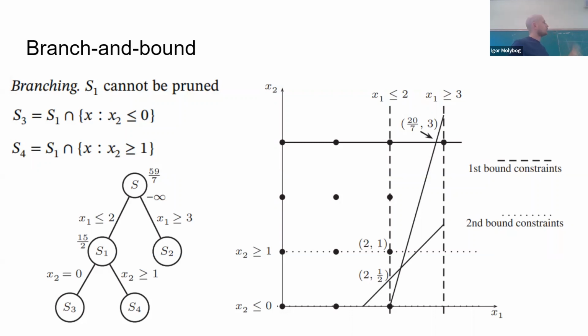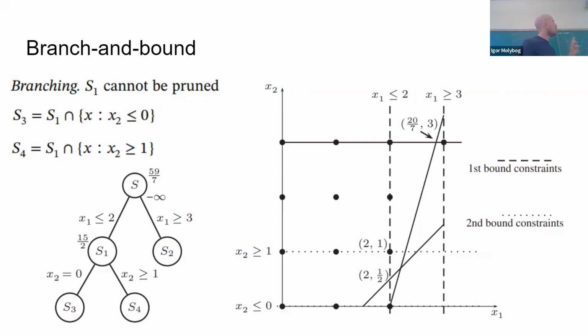Then we decide to branch. We could actually, instead of branching at this point, have decided to consider the node S2. We could try to get a better bound for a node at S2, but for now we don't do it. Our algorithm just works like this, and we decide to branch.